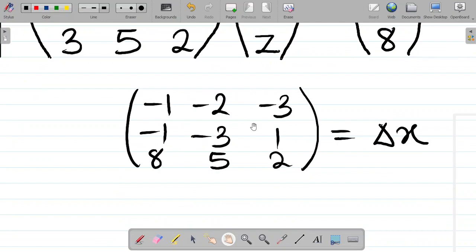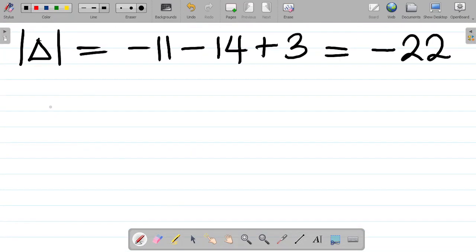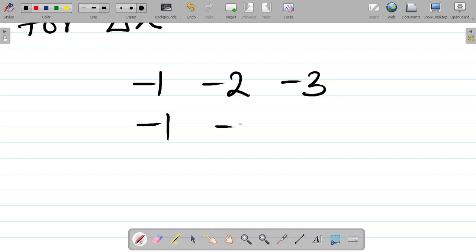All right, let's go and write this down here. So this is the value of lambda x. I will take this value and write it out there. For lambda x, we said the value we got was minus 1, minus 2, minus 3, minus 1, minus 3, 1, 8, 5, and 2.